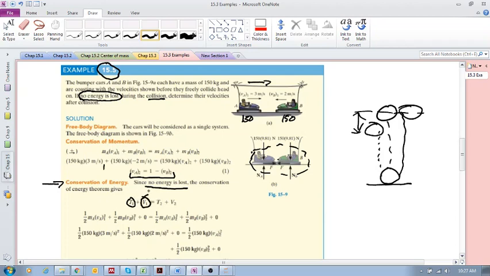This potential energy includes the potential energy due to gravity and due to spring forces. So the kinetic energy of the particle at state 1 plus the potential energy at state 1 is equal to that at state 2. Our total energy at state 1 is the same as the total energy at state 2.